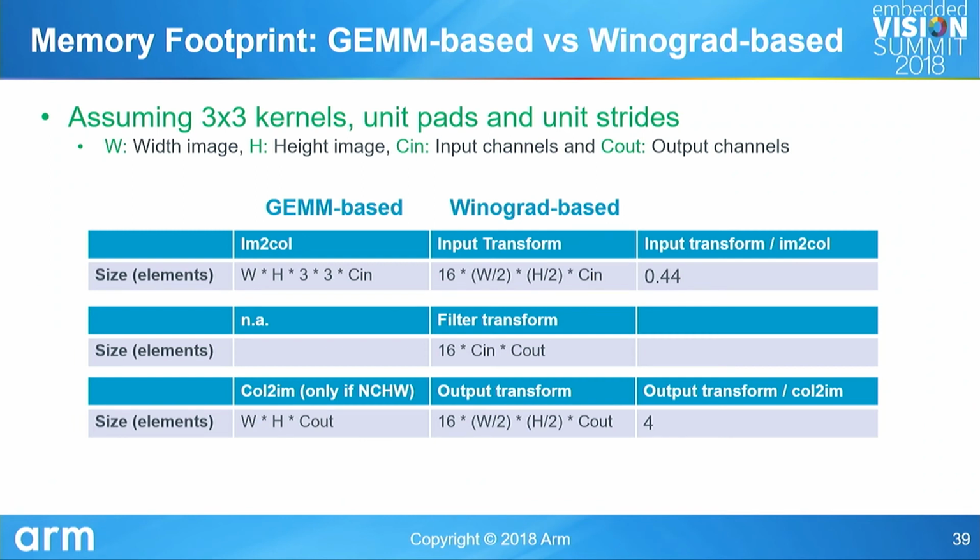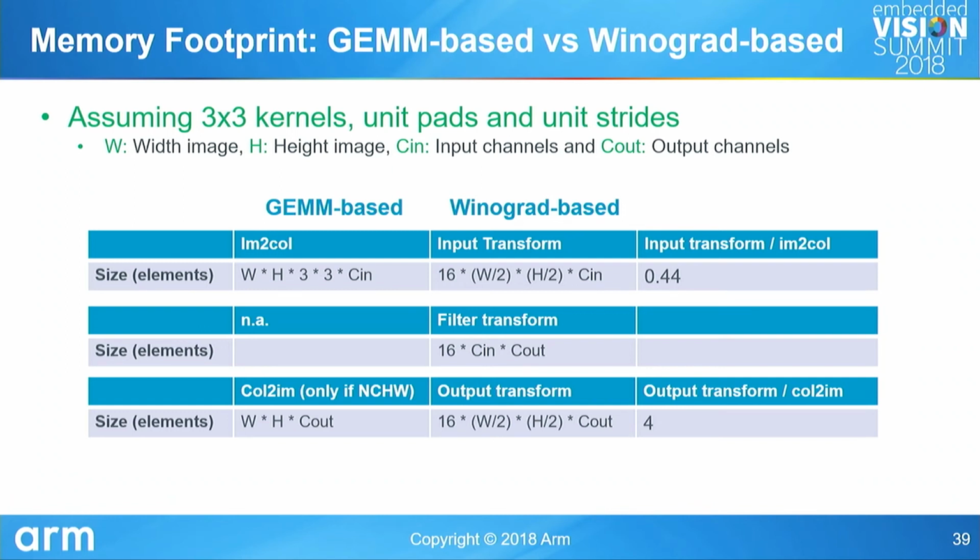So what can we say about the memory footprint? Because Winograd is great, but what can we say about the memory footprint if we compare Winograd to the GEMM-based approach? So assuming 3x3 kernels with unit padding and unit strides, this table should compare the GEMM-based approach with Winograd.